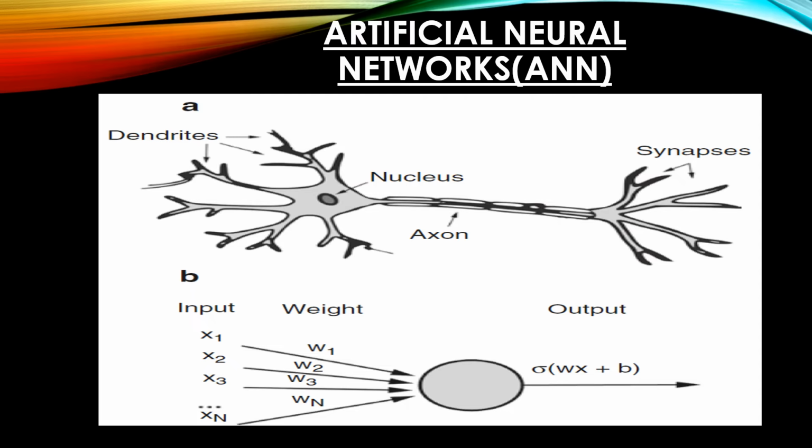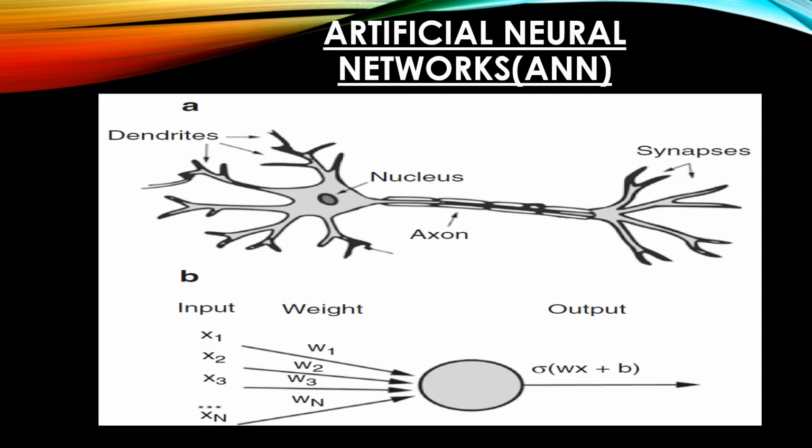Why did we give the term neural networks firstly? This is because just like in our brain, in our nerve terminals, we have these dendrites, then the nucleus, the cell body, and then the axons, and finally terminating in the synapses. Similarly, we receive the inputs in the AI algorithms, then weightages are assigned, and finally it is processed and classified.